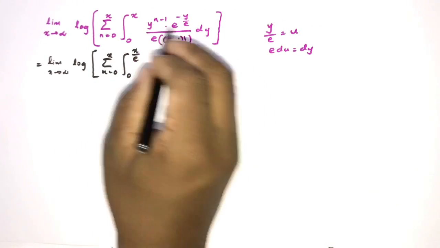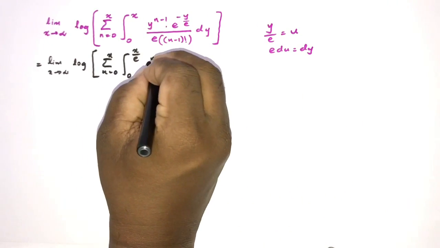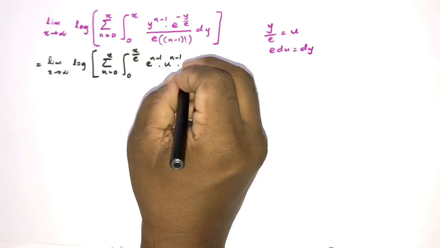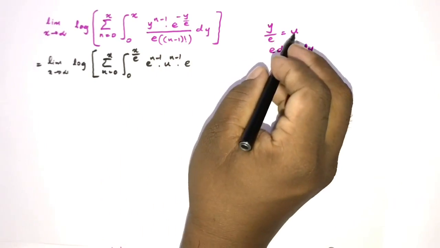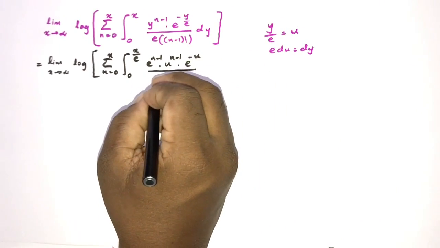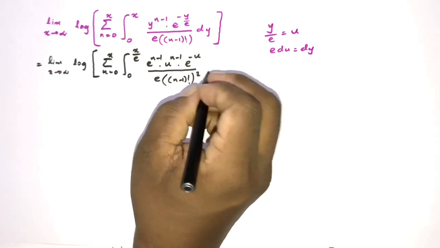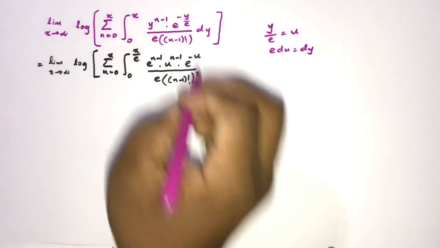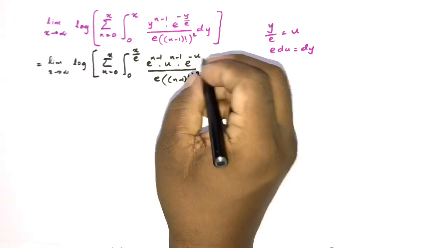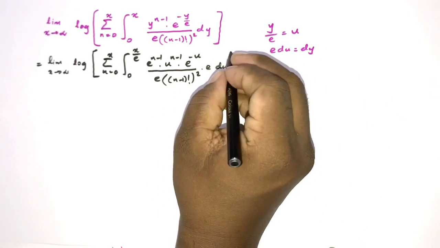And y is e times u, so we get e to the n minus 1 times u to the n minus 1, times e to the minus u, over e times n minus 1 factorial squared, and dy is e times du.